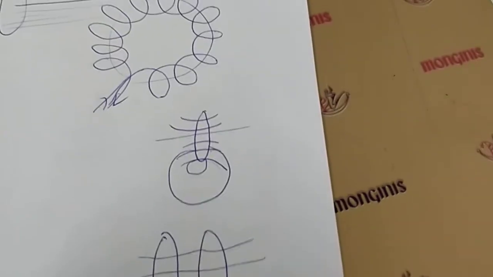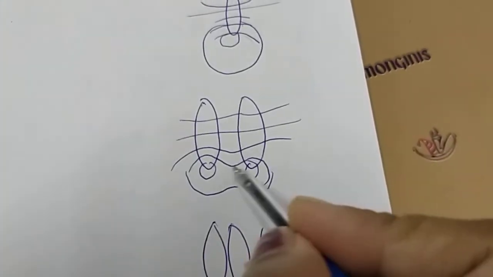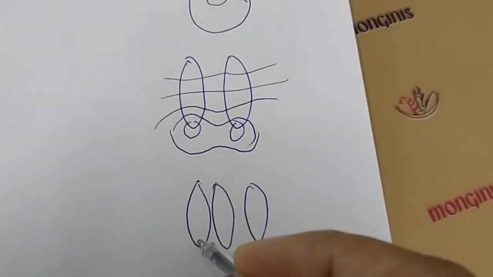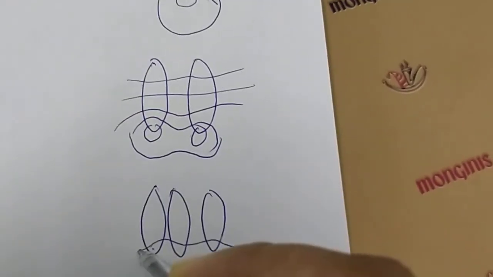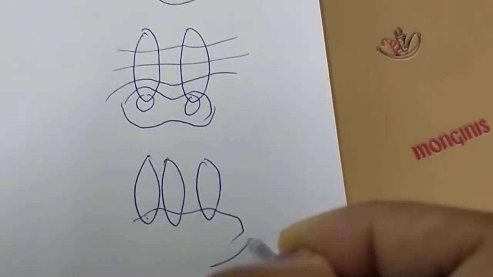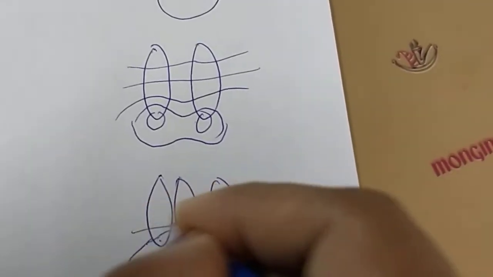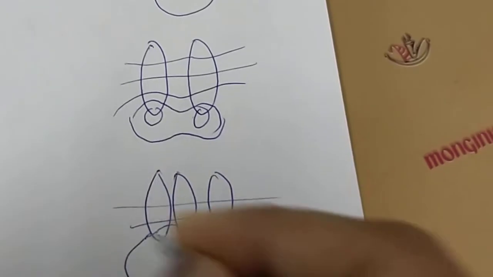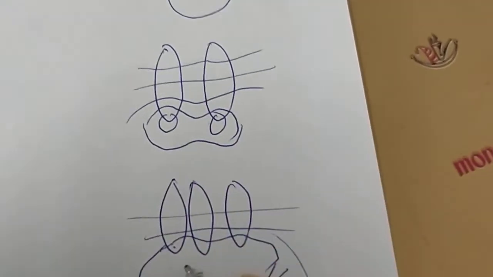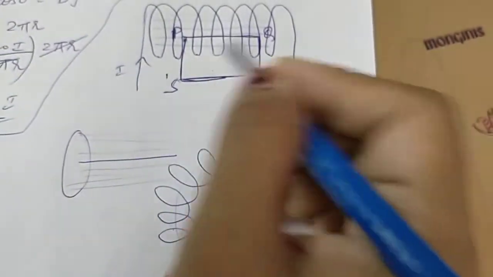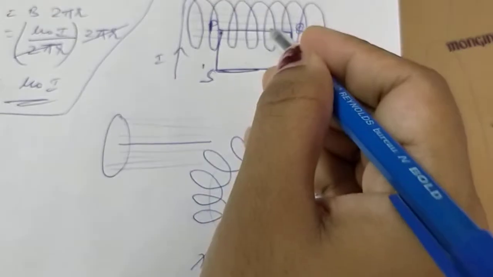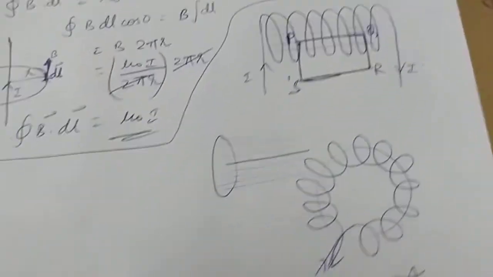When many loops are close, it is like this. So the magnetic field lines move away, and just near this region there is no magnetic field. That is why I am saying just outside the solenoid the magnetic field is 0. In this region there is no magnetic field, and in this region there is magnetic field.